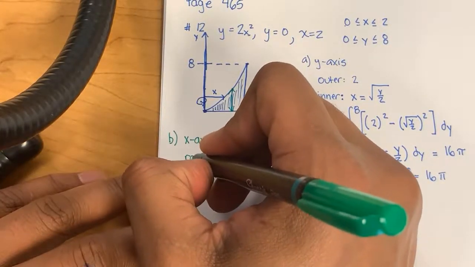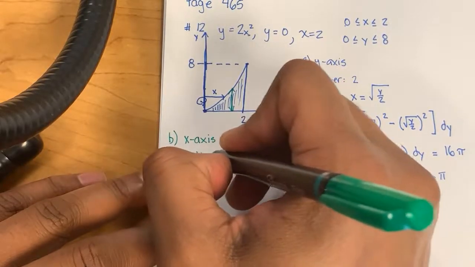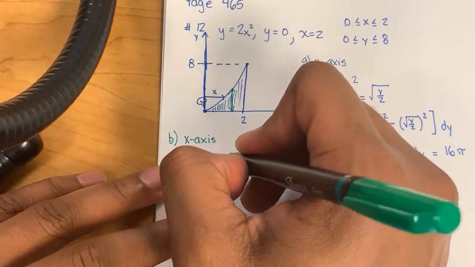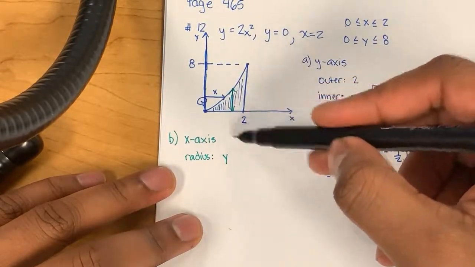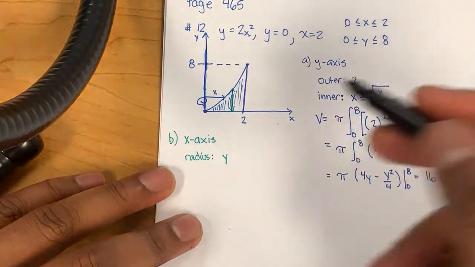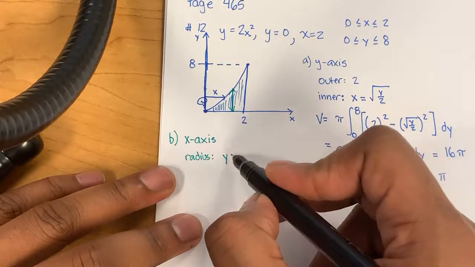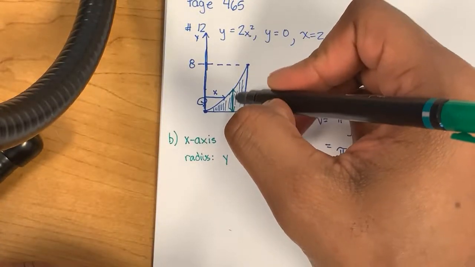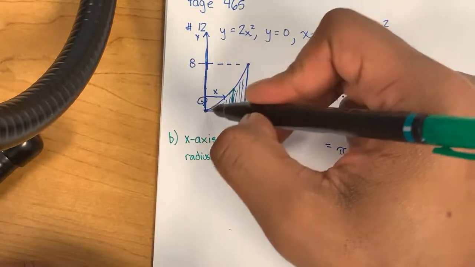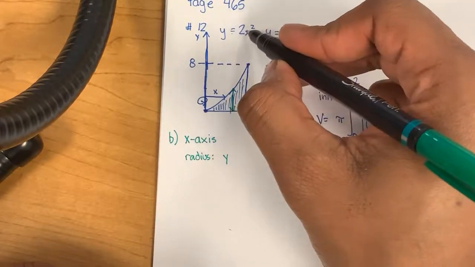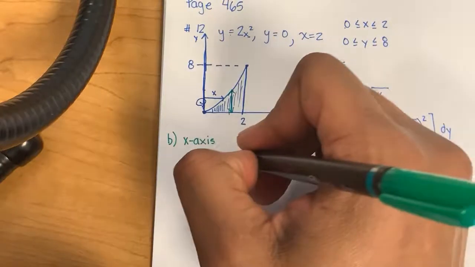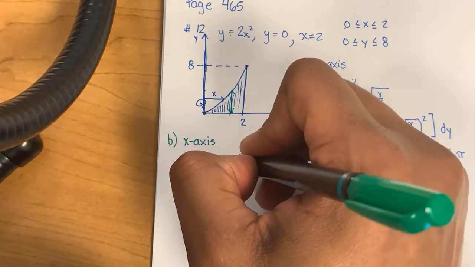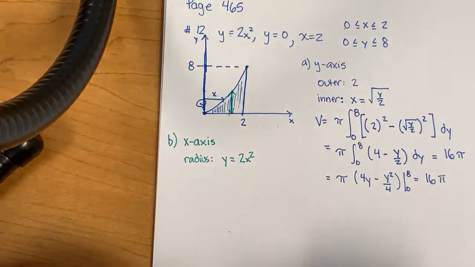So for part B, our radius is y, but since we're rotating around a horizontal line, we want to express this in terms of x. Since our y value is dependent upon what x is, we know y equals 2x squared. So our radius is y equals 2x squared.